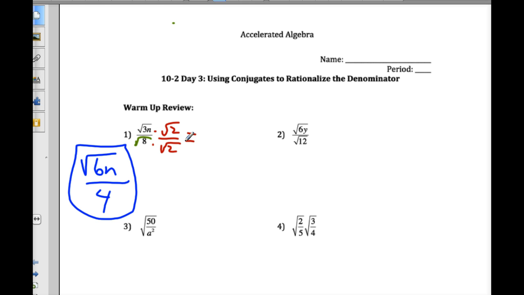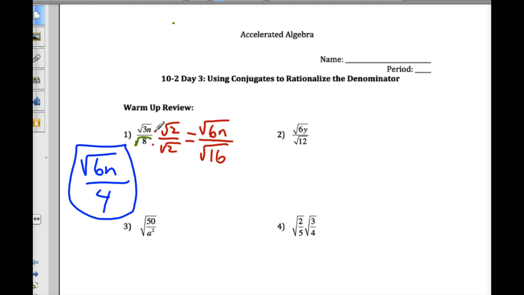Let's go. Let's do the top and the bottom now. Radical 6n over radical 16. How do you know that 2 is a good number to use? Great question. What's the smallest number 8 can become so that it's a perfect square? 16.